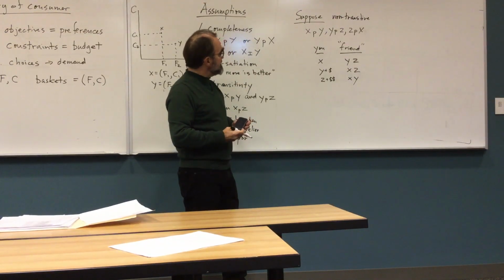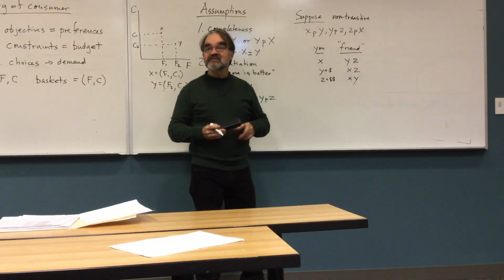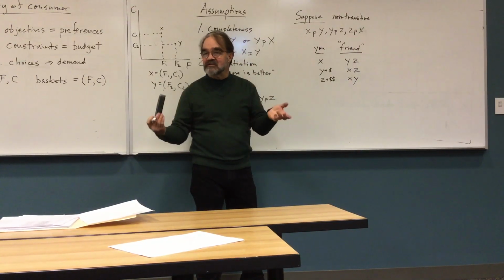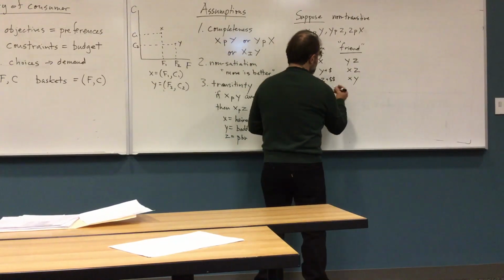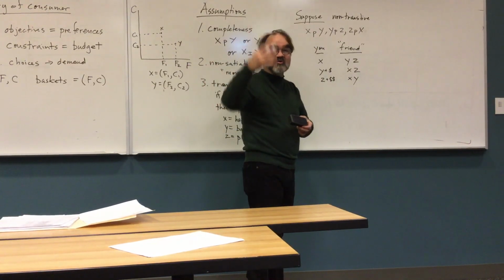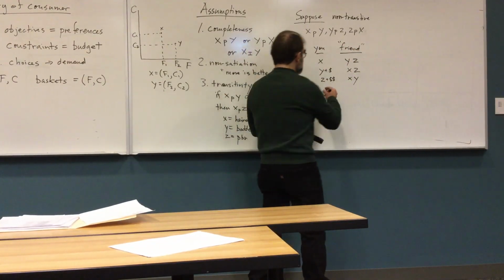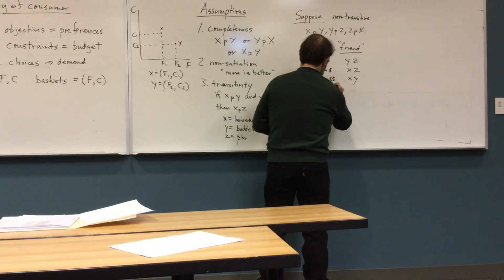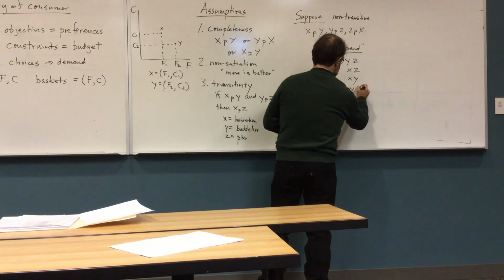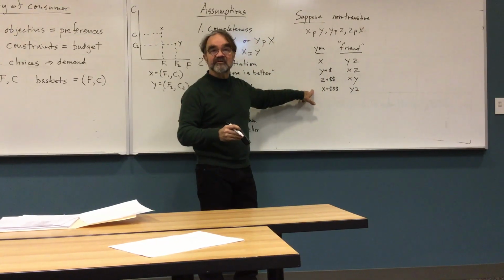A little while later you say, well, we know you prefer Z to X. So how about I trade my Z for your X? You give me a little money too, of course, because that's only fair since we know you prefer the Z to the X. So you make this trade, and you have X plus money, and your friend has Y and Z. Basically you're back to where you started, except you have some money from your friend.